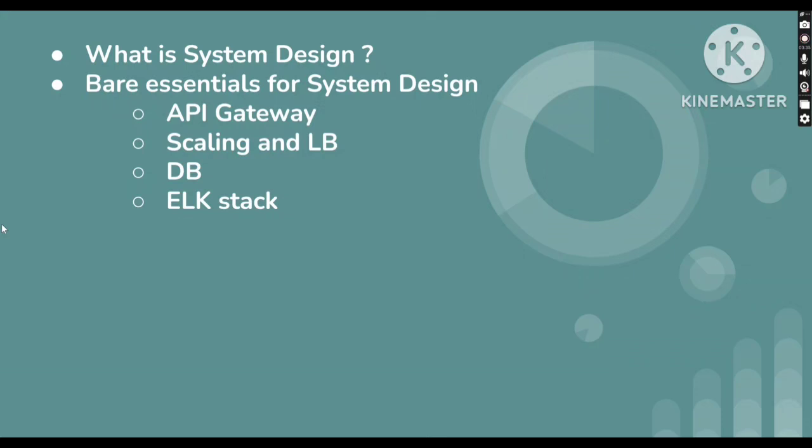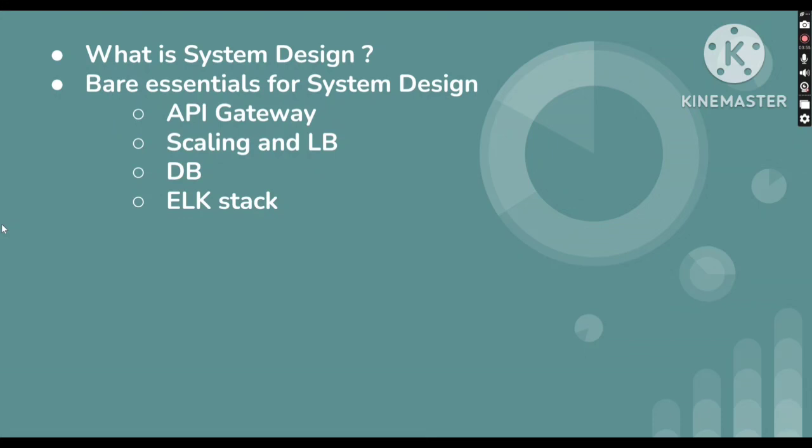So in order to solve these challenges, we design components. We use some components, methods, and techniques, so that our system works well under these challenges. So this is the basic idea of system design.